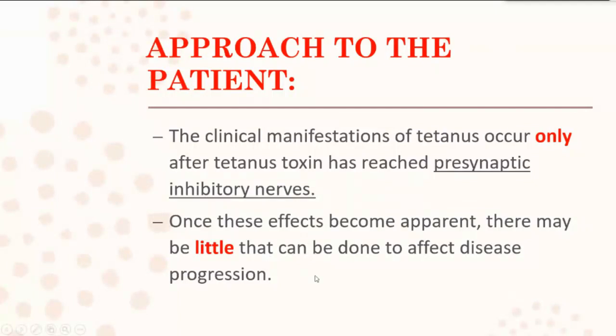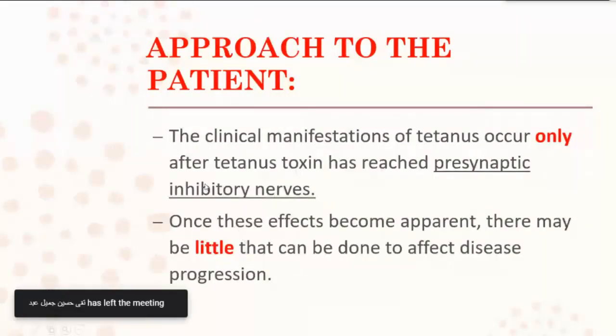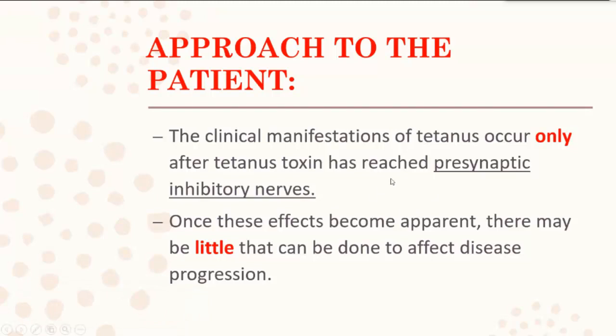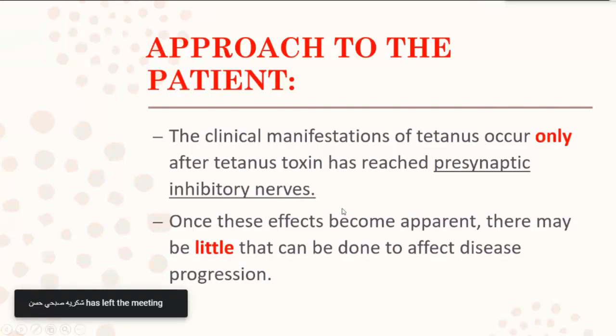Clear? So in management we need prevention and education of people about disease prevention, how the toxin will be prevented. Why? Because the toxin has already bound. Once there is binding of the toxin to the neurons, we cannot reverse it until there is new neuron generation.